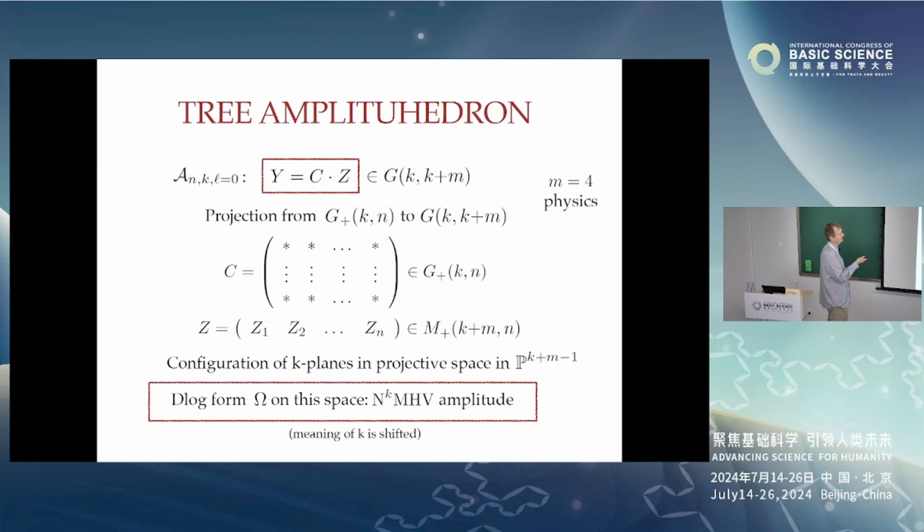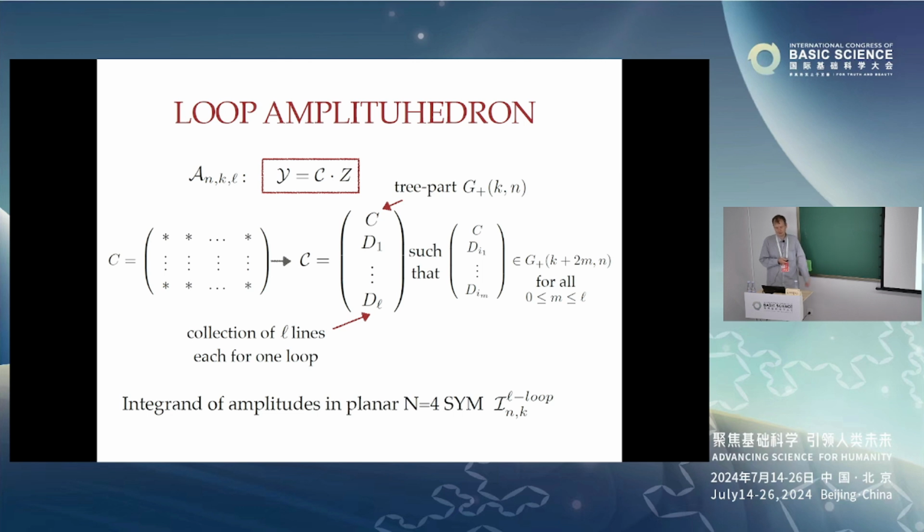If we now keep the same formula, but replace the C by a K by n matrix, the positive Grassmannian, and we also increase the dimensionality of the Z to properly match it, then we get the tree-level amplitude in planar N=4 super Yang-Mills. So this is the tree-level amplituhedron. There is some extra parameter M, which you can keep in math, but in physics, this corresponds to the number of space-time dimensions, which must be 4. And there are also generalizations to loops.